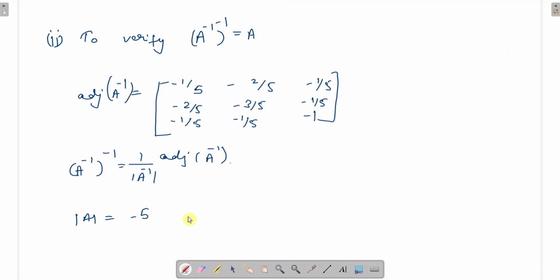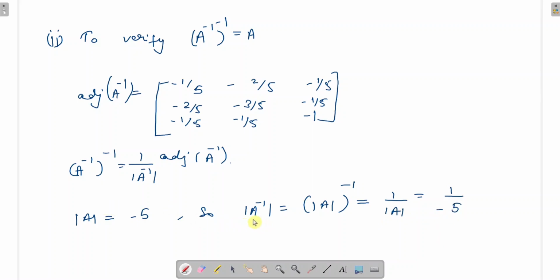So determinant of A inverse will be nothing but the reciprocal, right? That means we will get 1 by determinant of A, so 1 by minus 5.